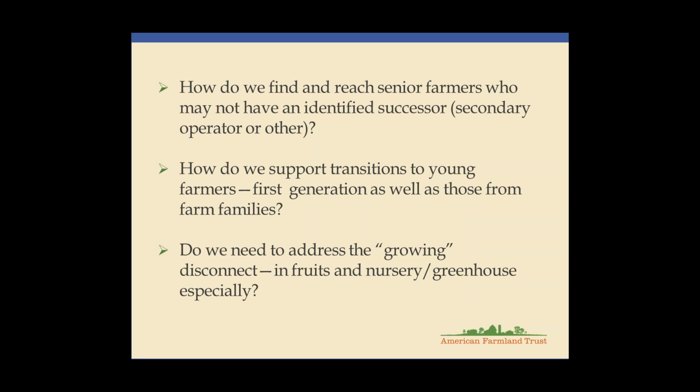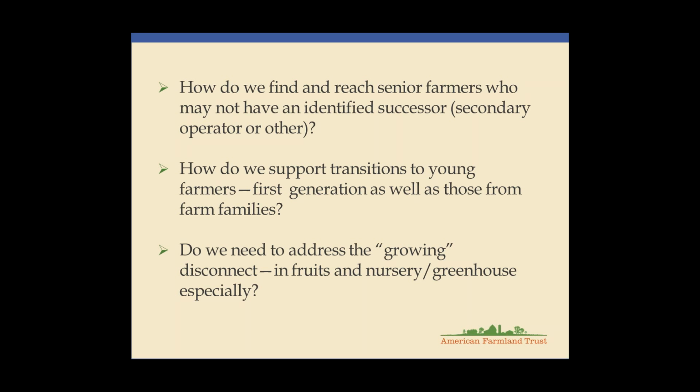Clearly this is a large demographic, and we don't know how concerned to be about this 90% of senior farmers and whether they have successors or not. But it does beg the question of how do we find and reach these senior farmers who may not have an identified successor? That is certainly something we can talk about if we have time at the end.